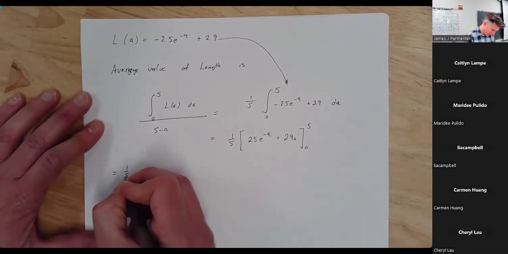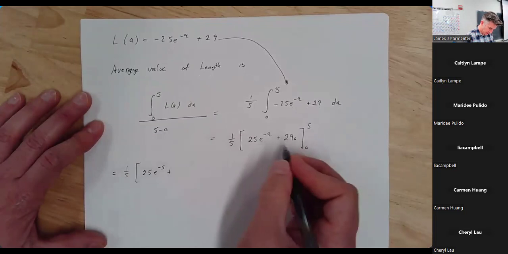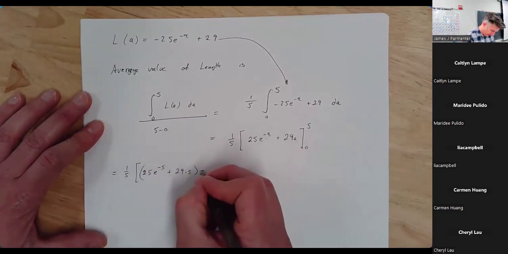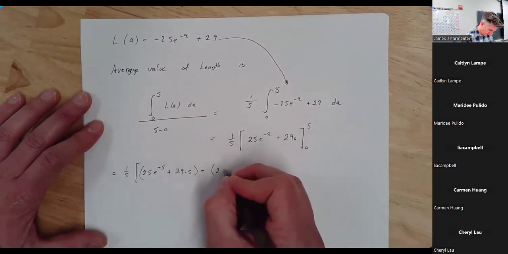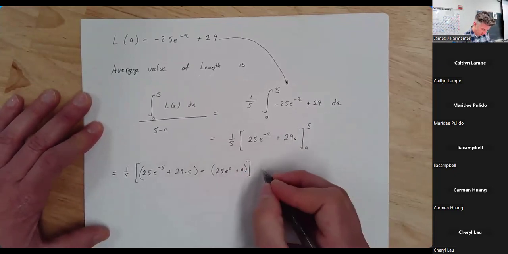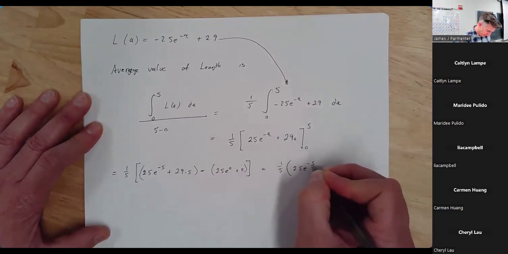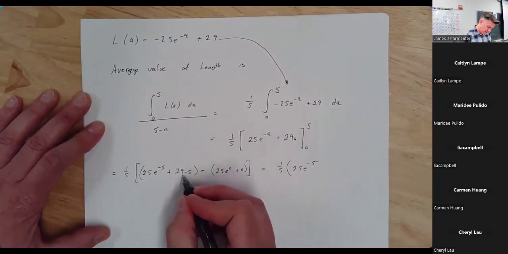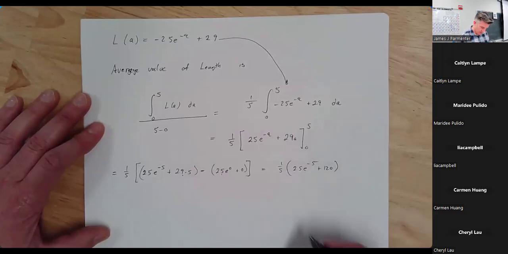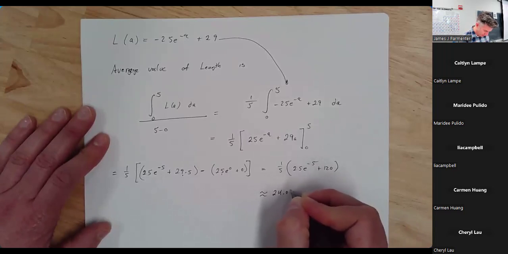We get 1/5 times 25 e to the negative 5th plus 29 times 5, minus, we plug in 0, you get 25 e to the 0 plus 0. And you could simplify this more if you really wanted to. That's going to be 1/5 times 25 e to the negative 5th plus 29 times 5 is 145, minus 25 is going to be 120. And if you really wanted to, you could get out a calculator and say it's going to be approximately 24.03 centimeters.